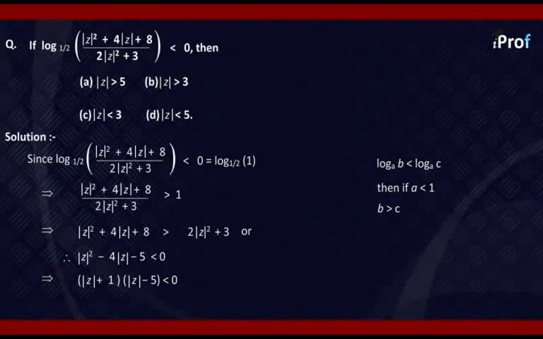That means their product is negative. But |z| + 1 is positive. That shows |z| - 5 is less than 0, or in other words, |z| is less than 5. Therefore, option D stands.